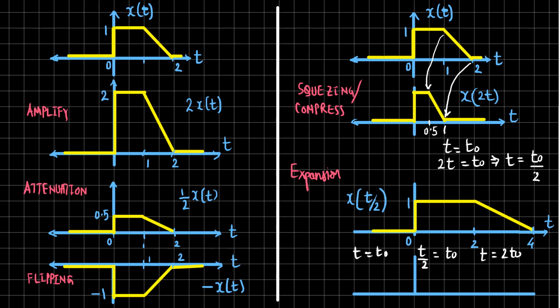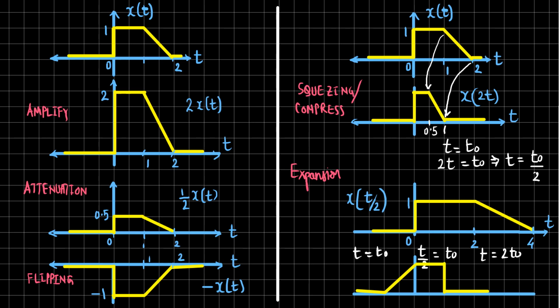The resultant signal will look something like this. You may see that the new signal obtained here is simply the old signal flipped along the horizontal axis.